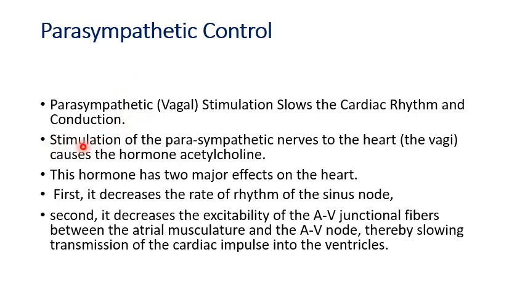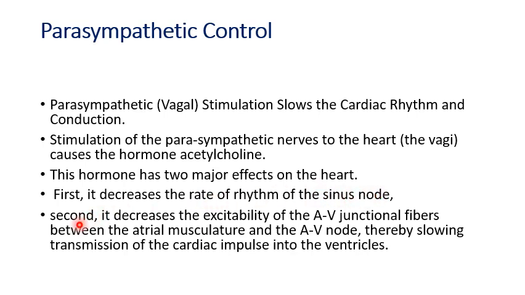When the parasympathetic is stimulated, it releases acetylcholine, the main neurotransmitter of the parasympathetic system, and this has two major effects on the heart. The first effect is that it decreases the rate of rhythm of the SA node.